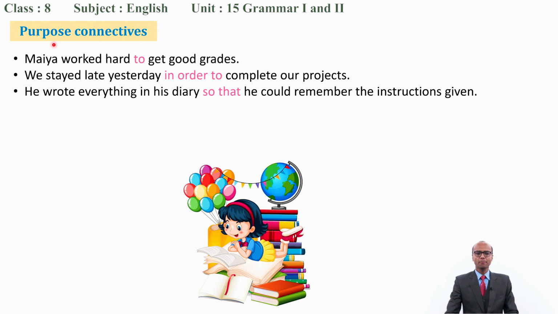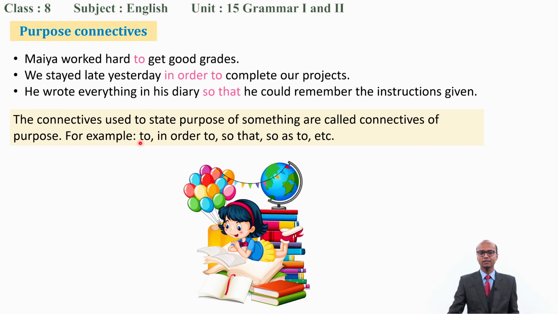Next sentence. He wrote everything in his diary so that he could remember the instructions given. So that, in order to, and to. These are highlighted here and they belong to which category? Purpose connectives. Now, could you tell me what a purpose connective is? As I told you earlier. Yes, that's good.